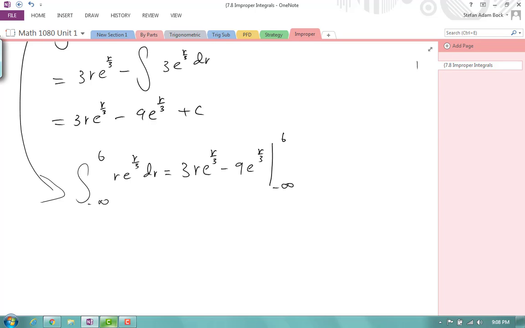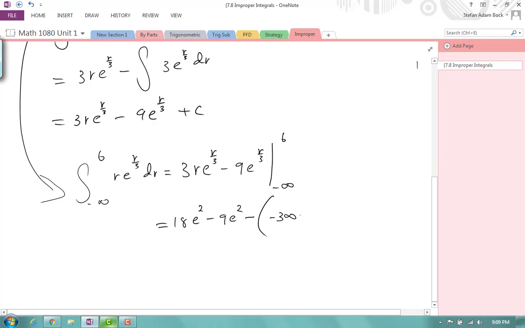But it doesn't make a whole lot of sense, generally, to plug infinity into an expression. I mean, sure, if I plug in 6, I'm going to have 18e squared minus 9e squared, and then I'll have minus. But what does this mean?